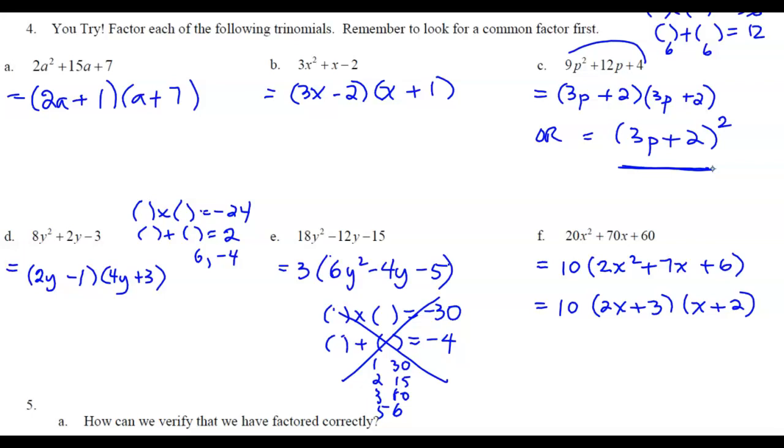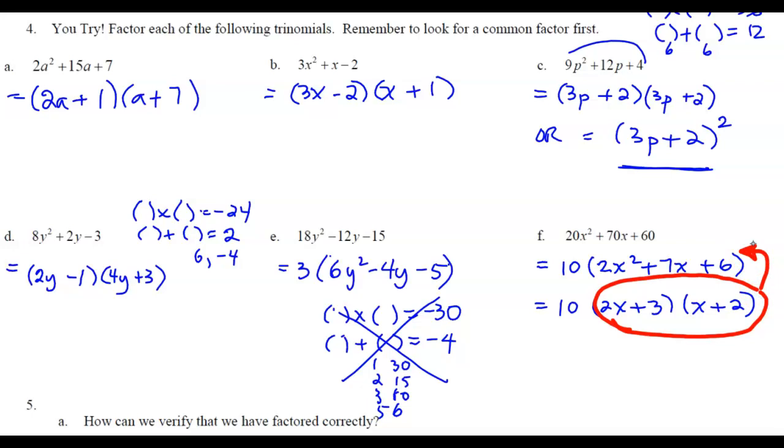So in order to check, I recommend that you multiply the binomials together first and then multiply through by 10. Sometimes students will distribute the 10 into both brackets, and that's incorrect. So I would expand that back and just make sure it's the same as this first bracket here.